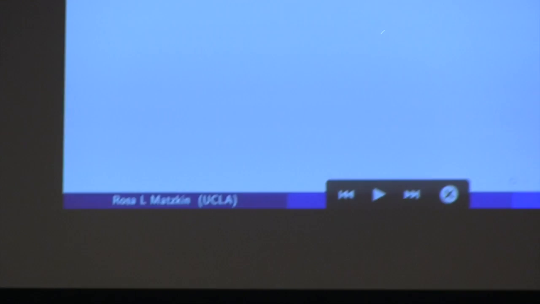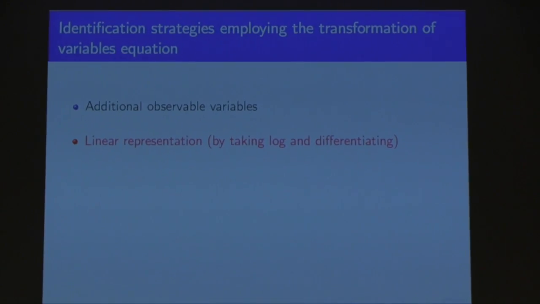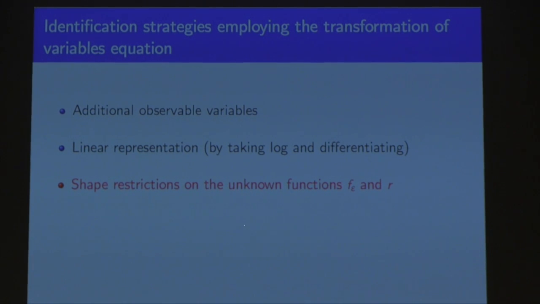So what do we do? Well, as you can notice, it's highly nonlinear. There are many strategies that have been studied to deal with these problems. We can, of course, add additional observable variables that will separate the influence of one from the other. A linear representation I'm going to talk about. We can know something about these functions. Are they unimodal?